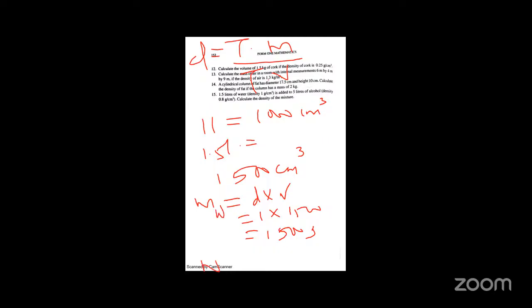How about the mass of alcohol? For the mass of alcohol, we have been given the volume as 5 liters. So when you convert it into centimeters, it becomes 5,000 cubic centimeters, just using the same conversion unit that we have used here.